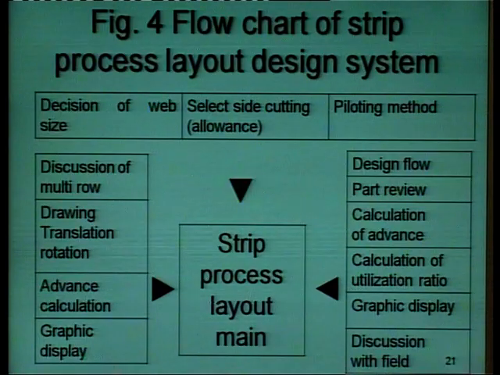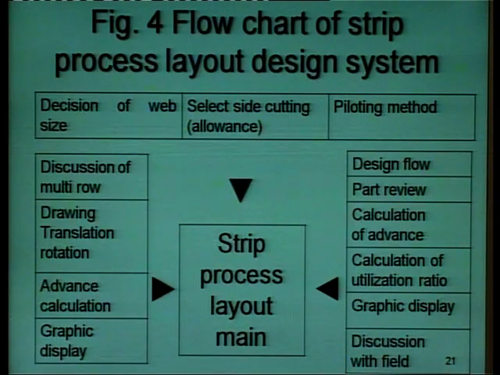The pilot guides the tool towards the workpiece. Next factor is the decision on multi-row, whether we are feeding a single row or multi-row strip. Next is translation and rotation, how the strip is being fed, and the burr rotation, whether it is clockwise or anti-clockwise. Then next is the advance or feed calculation.